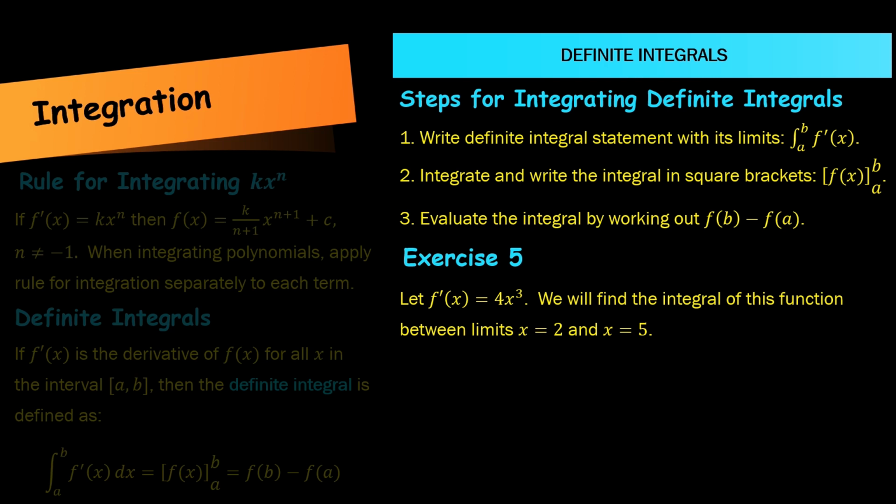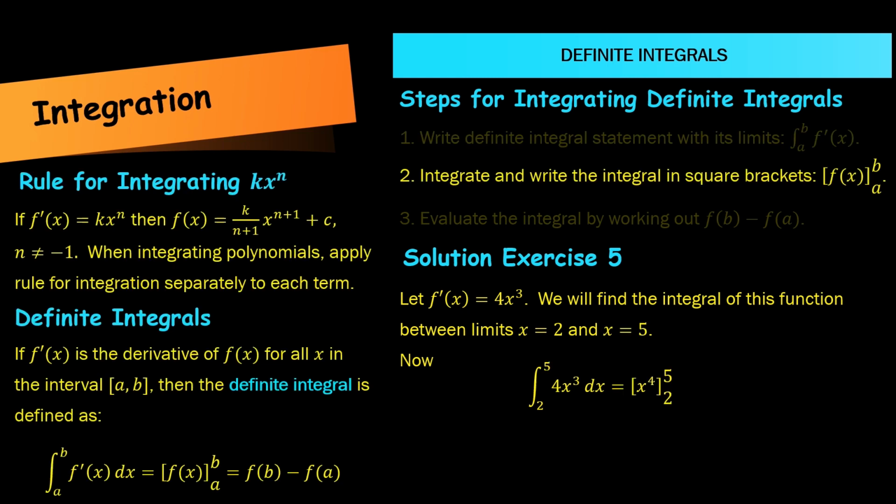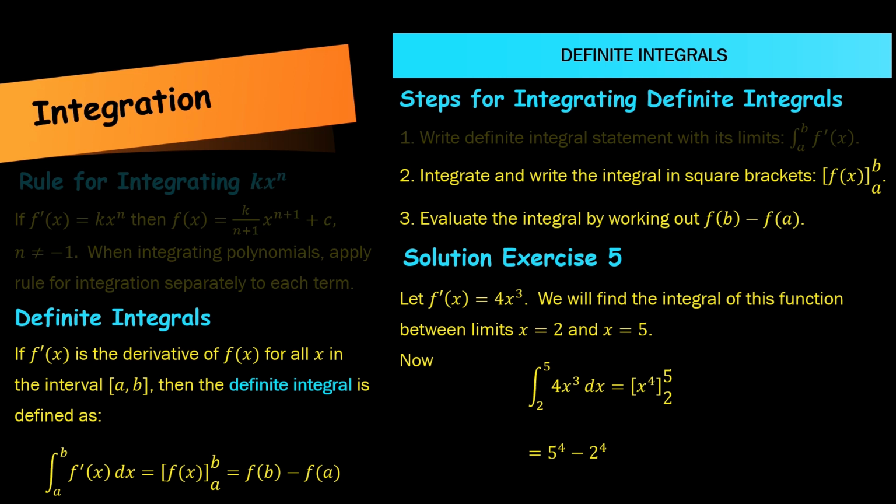Now the integral from 2 to 5 of 4x cubed dx, here from x equals 2 to x equals 5, gives us x to the 4 between the limits 5 and 2, as shown. And this is equal to 5 to the 4 minus 2 to the 4.